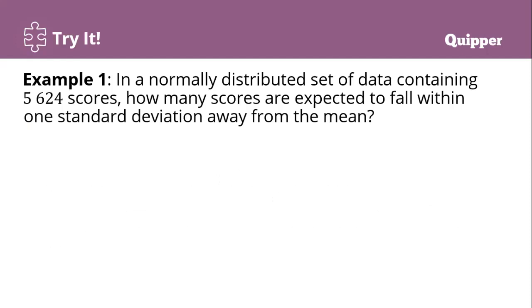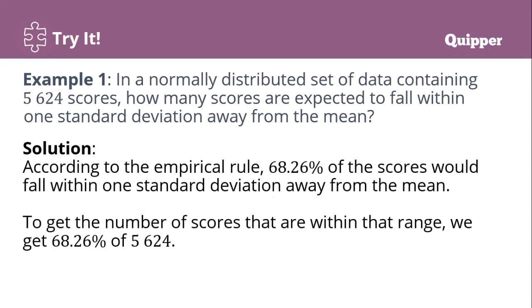Example: in a normally distributed set of data containing 5,624 scores, how many scores are expected to fall within one standard deviation away from the mean? The question asks about 1 standard deviation away from the mean. According to the empirical rule, that corresponds to 68.26%.